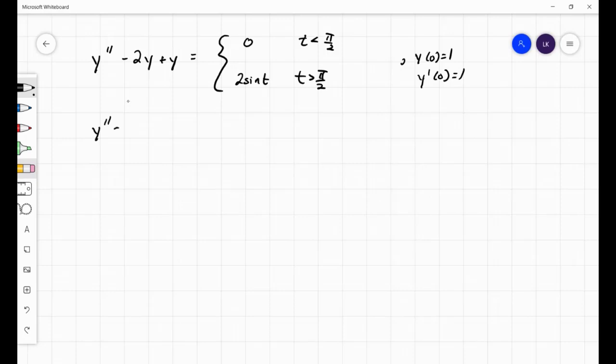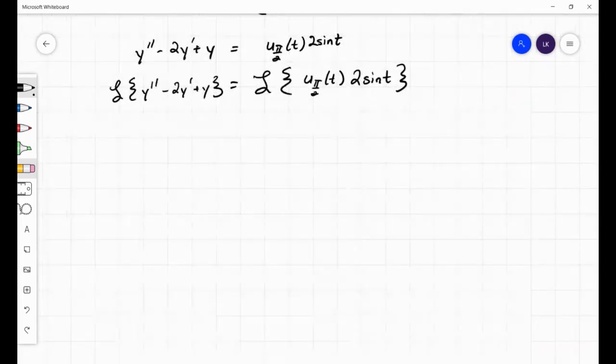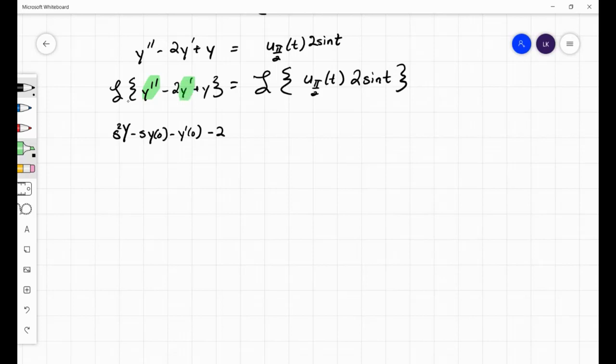So first job is to turn that piecewise function into a single expression. Next, take the Laplace transform of both sides. Using linearity on the left-hand side, we get the Laplace transform of y double prime, minus 2 times the Laplace transform of y prime, plus the Laplace transform of y, which is just big Y, a function of s.